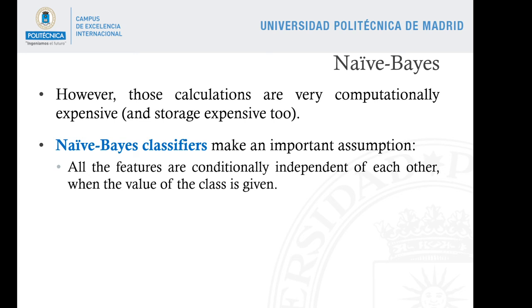Actually, if we use the whole Bayes theorem, what we could have are Bayesian networks. But we don't want to work with full Bayesian networks. We want just a simple classifier. Okay, so naive Bayes classifiers make an important assumption, which is that all the features are conditionally independent of each other when the value of the class is known.